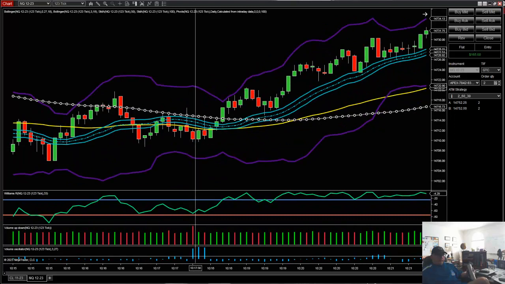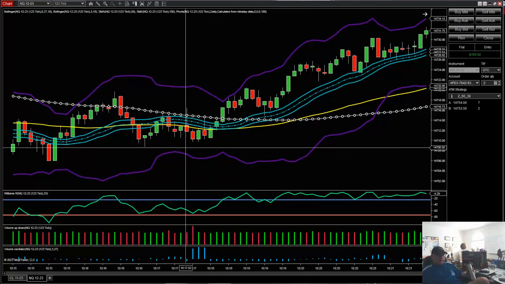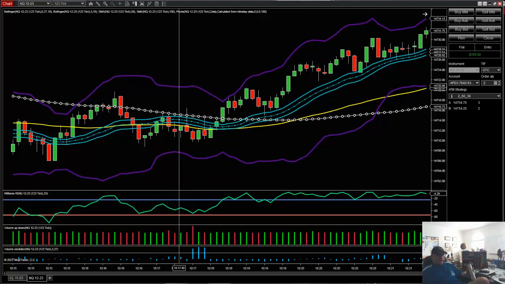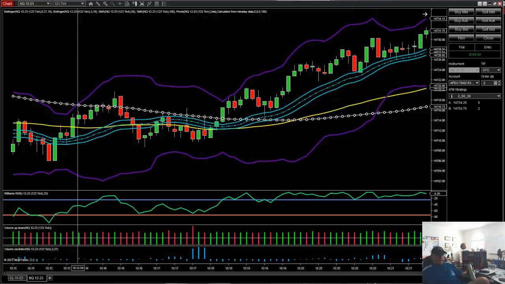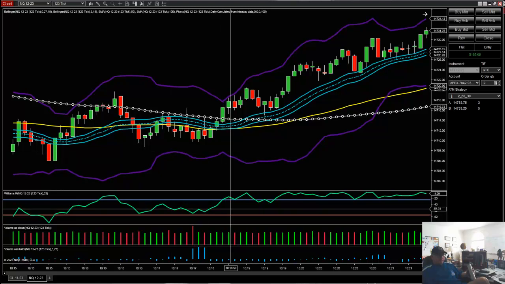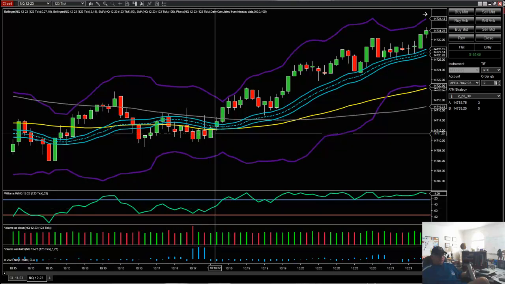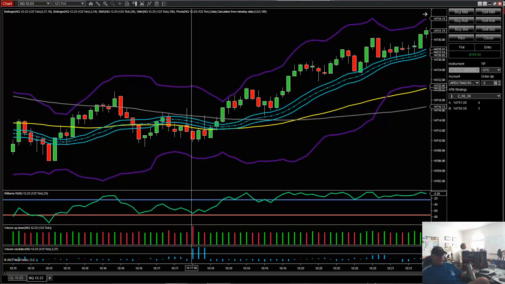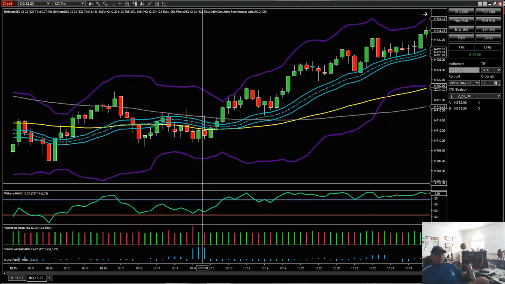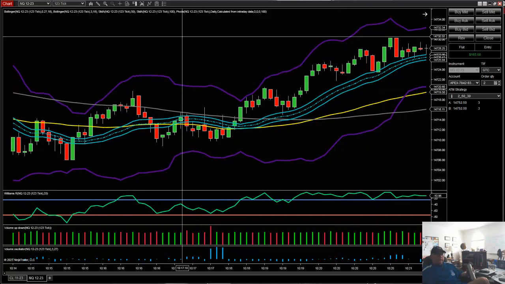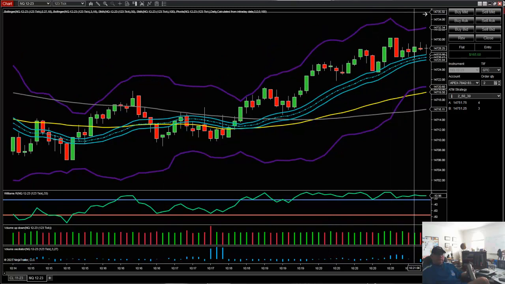I don't have that right there. 10:18. I didn't see it until after the fact. But look at that setup right there. Got to get more confidence in the volume figures before I start taking that on now.